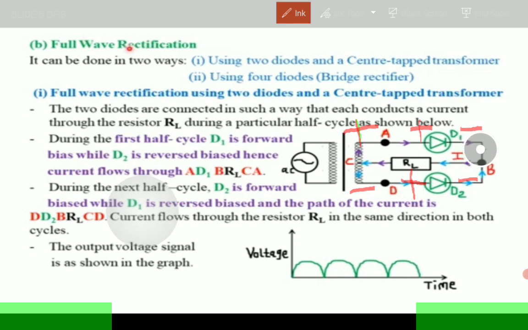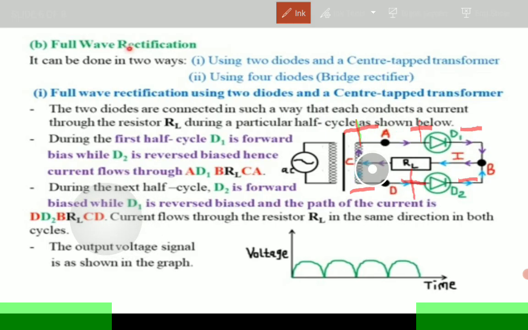It will not go beyond B to pass through D2, because this is the negative terminal, and if you follow this direction, it is connected to the positive terminal of the voltage source. Therefore, this D2 cannot conduct.